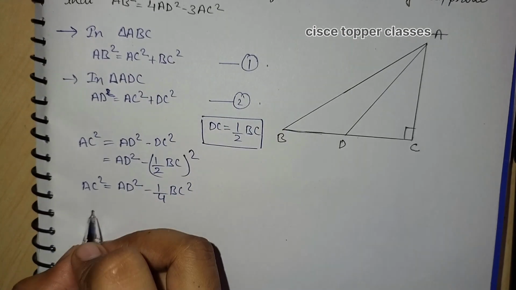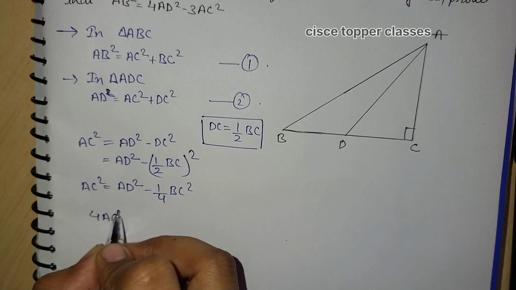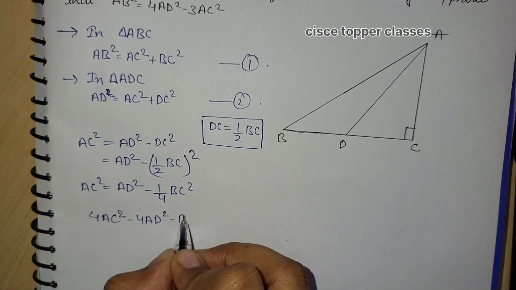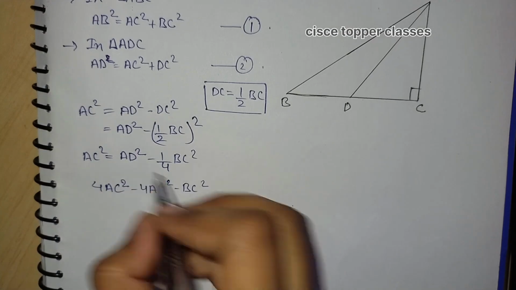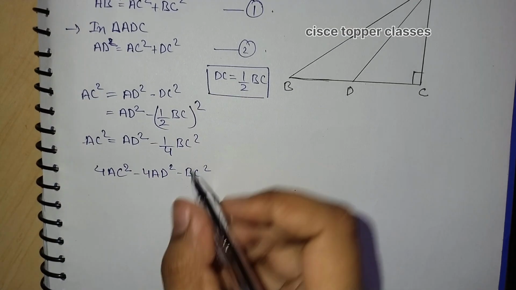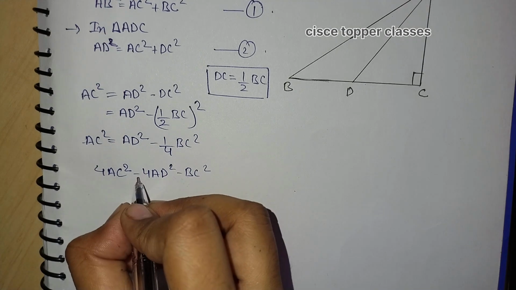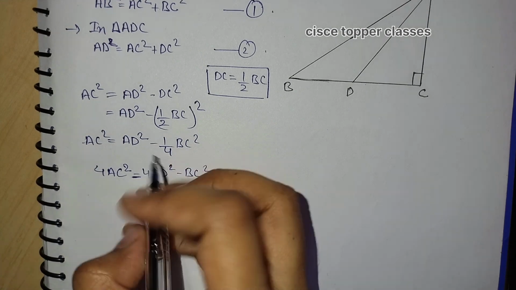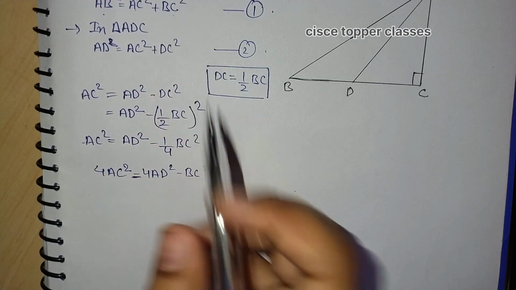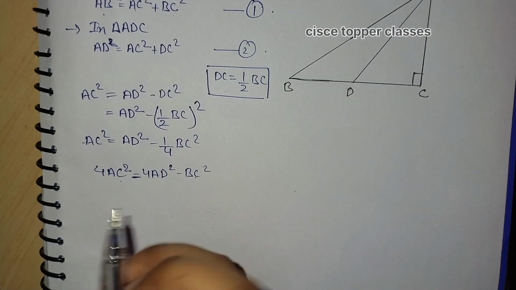We will multiply 4 here on taking LCM. So AC square minus 4 AD square and minus BC square here. On cross multiplying, 4 will get this side, and simply this is the equation we found. And here we have simply that given is this AC square plus BC square is equal to AB square.